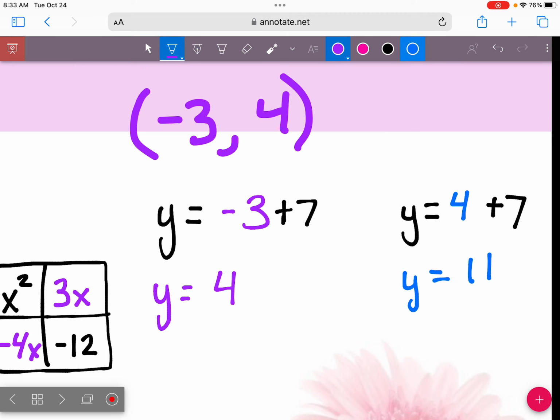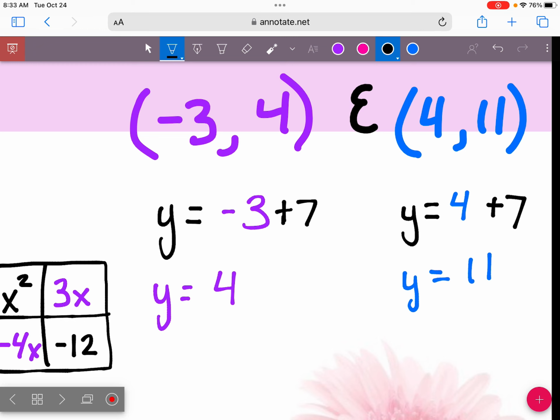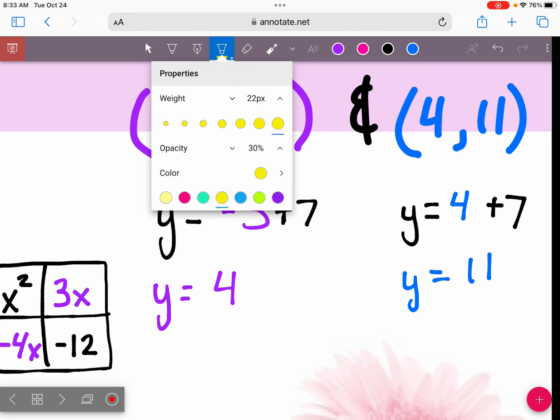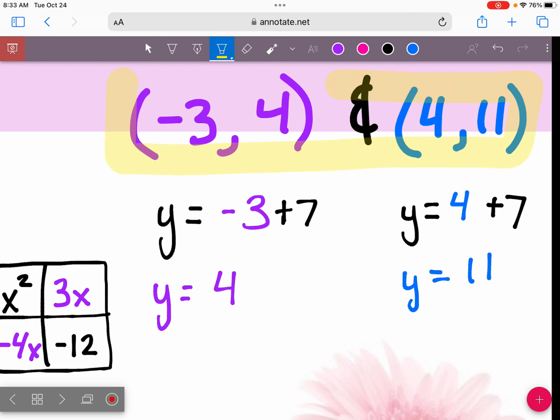So our solution is the point 4, comma 11. And it's 2 points. These are our solutions.